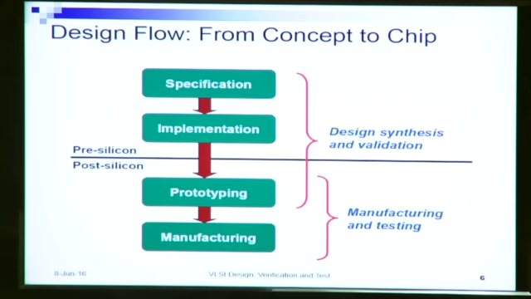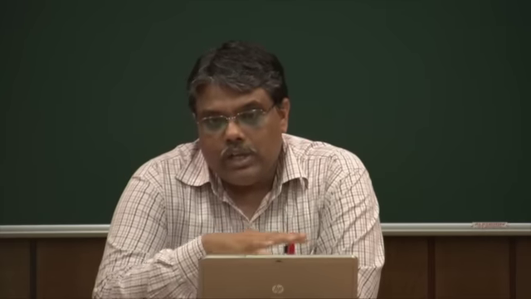That implementation is etched onto the substrate or put onto an FPGA, and we get a prototype. The prototype is a design which does not have all the full-fledged features of the application, but has enough so as to be able to test the design correctness as well as the implementation correctness.